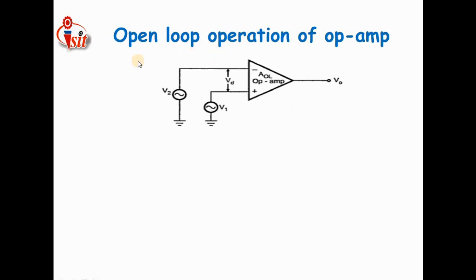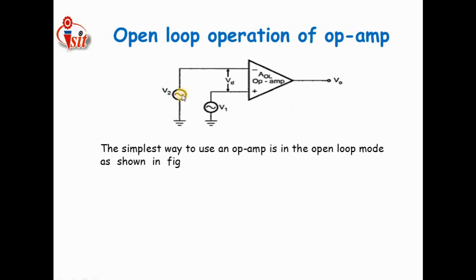For that reason, this circuit diagram is called open loop. For the negative terminal, the V2 input is given, and for the positive terminal the input is V1. That means the non-inverting terminal has input V1 and the inverting terminal has input V2, as I have told earlier. The simplest way to use an op amp is in the open loop mode as shown in the figure.